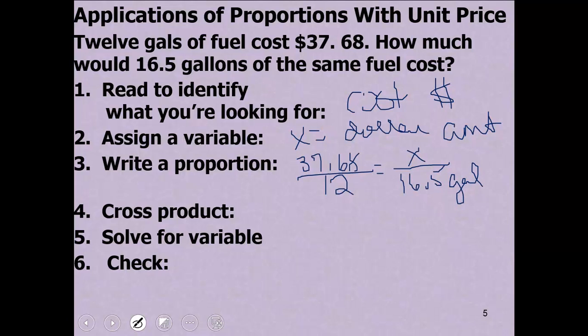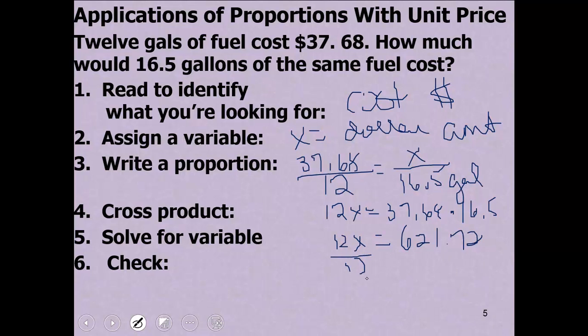I'm going to cross multiply, and I get 12x is equal to 37.68 times 16.5. So this is 621.72, and then I'm going to divide that by 12.